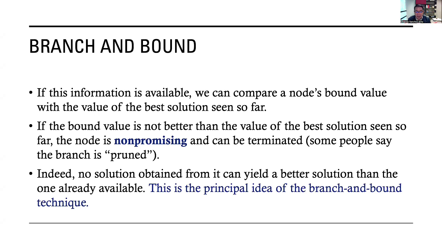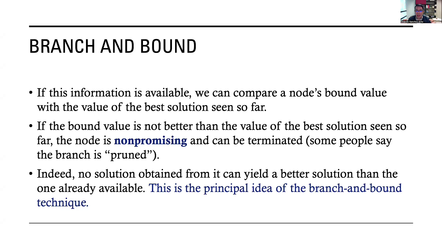This is very important because it means that following that non-promising path, we cannot obtain anything better than what we already have. And that is the bound part of the strategy. You see, we are talking about branch and bound. So the branch is to try to explore by branching, but we are not going to be branching all the time.